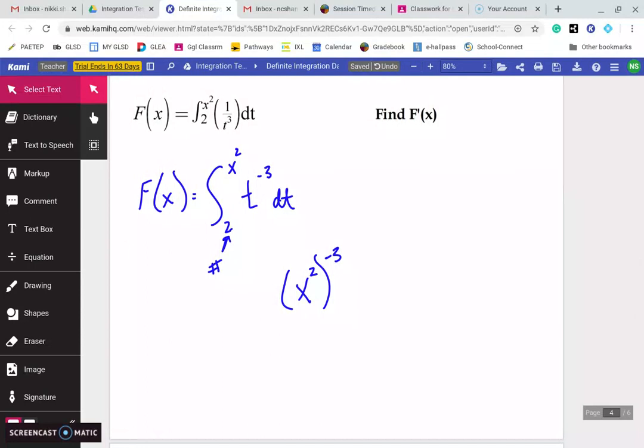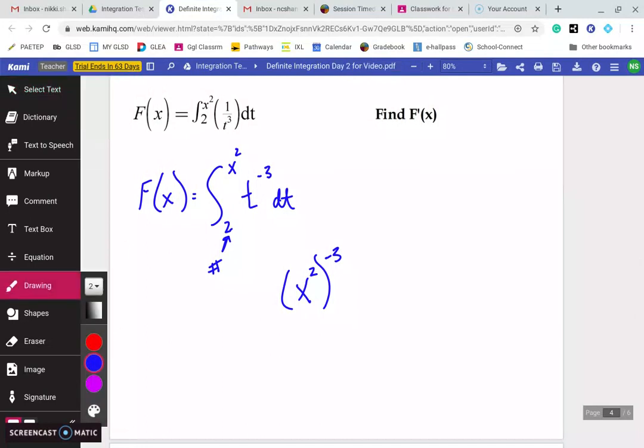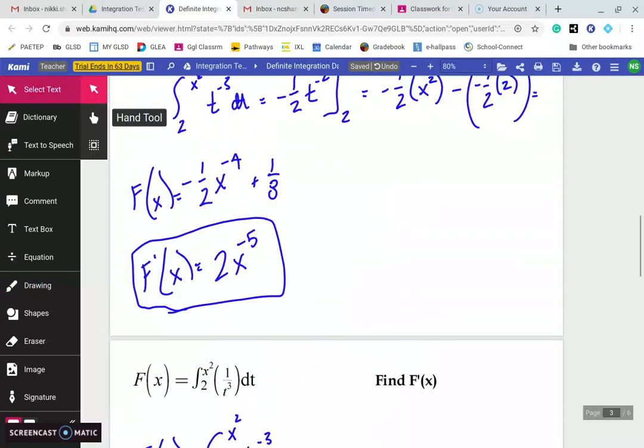If you don't have just x, the only difference is you then have to do the chain rule, which is multiplying by the derivative of whatever that is. And the derivative of x squared is 2x. So this becomes x to the negative sixth times 2x, which is 2x to the negative fifth, which you can see is what we got the first time.